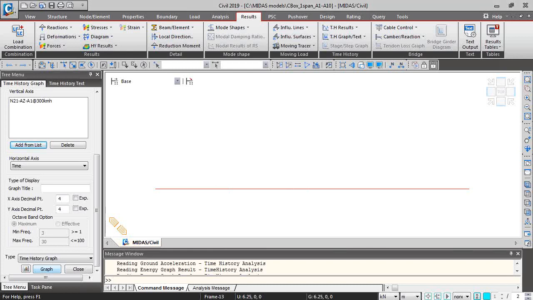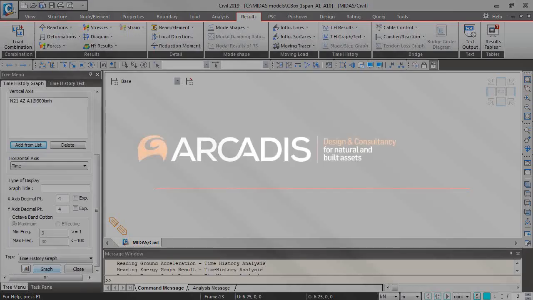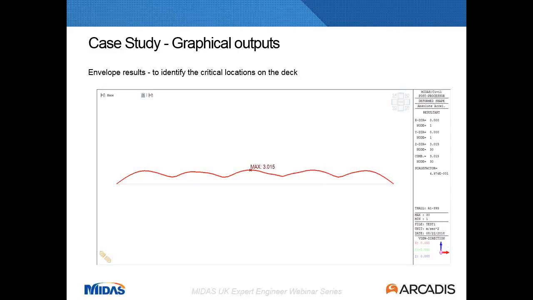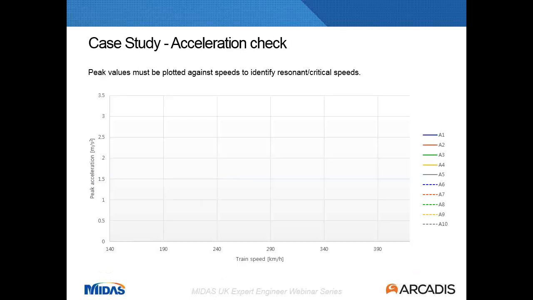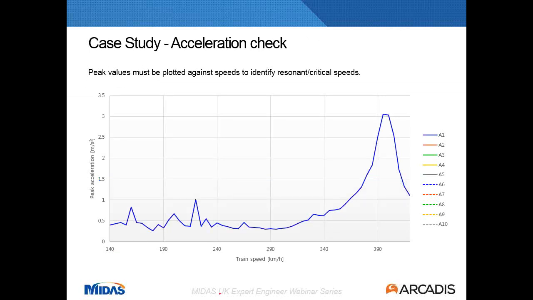All right, and last but not least, you need to plot peak acceleration for all the different speeds. For the train model A1, I've done that, and I see that for speeds from 140 to 300, it's not a big deal.